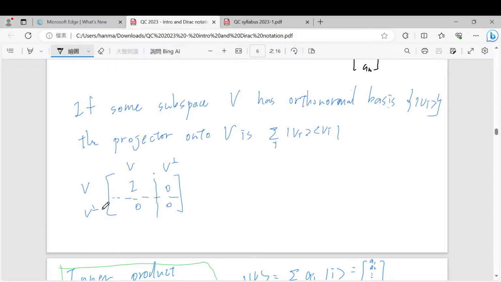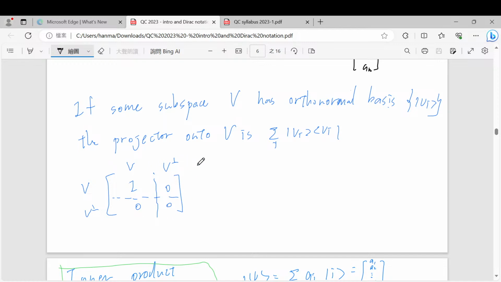And a schematic way to see this is that if you can write your space into this subspace V and some other subspace that's orthogonal to V, then your projector onto V should look like this. It will be identity on the V part and 0 elsewhere. So you have a whole bunch of eigenvalue 1 that corresponds to this V part and eigenvalue 0 to the orthogonal part.